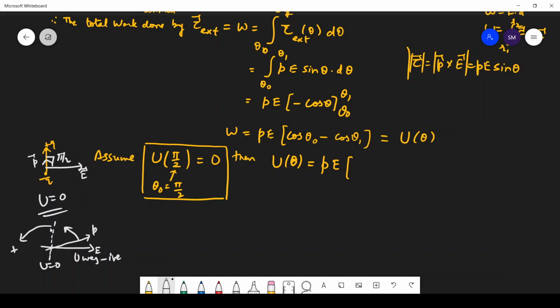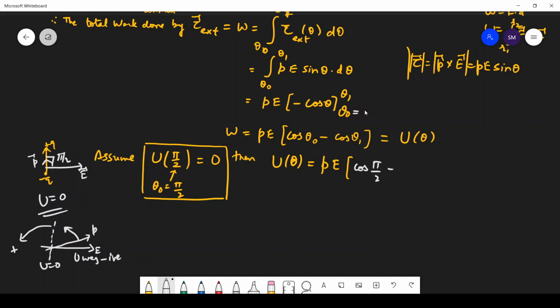So negative to 0 and more positive. So at theta naught I am assuming pi by 2, and let this angle be theta.